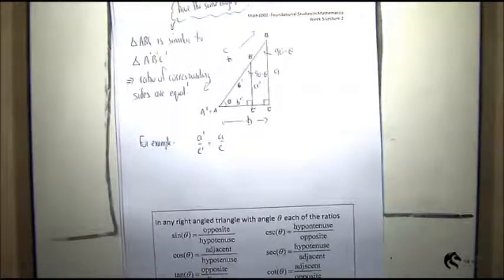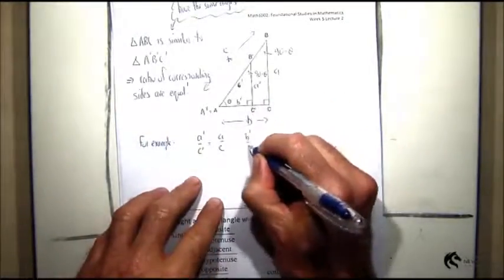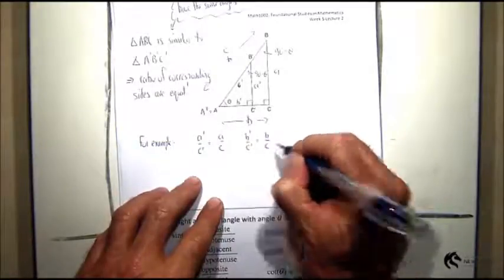And I can pick any pair. I could say the ratio of B dash to C dash should be the same as the ratio of B to C in the bigger triangle.